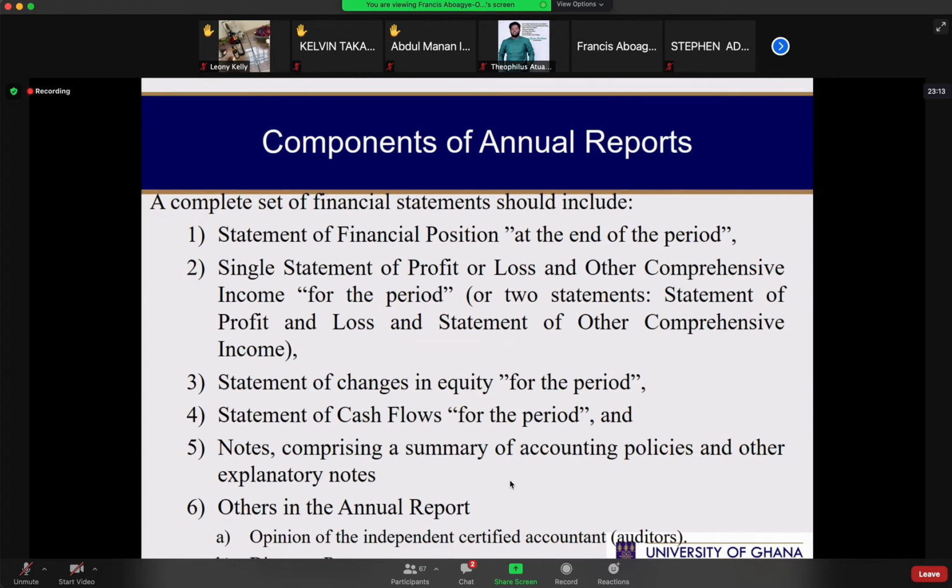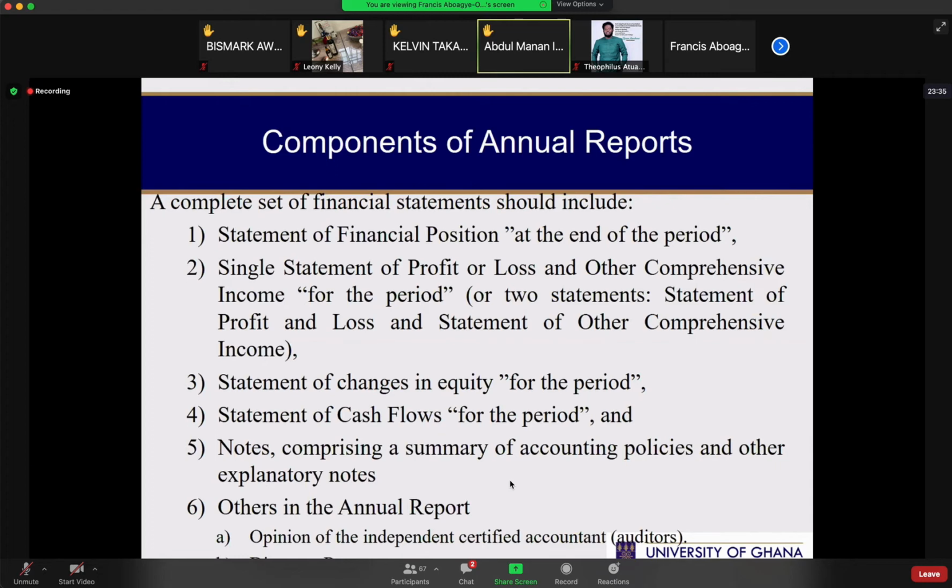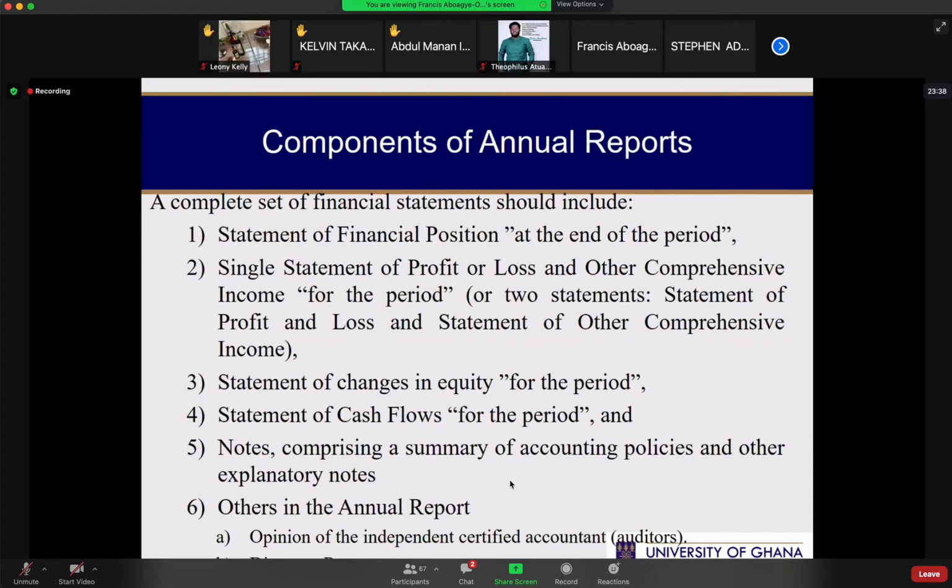I can only see the first bit of the first word from of financial statement should include. That's what you can see. Yes, please. What about the other people in the class? I can see. He can see everything. From 1 to 6, A and B. Okay. So then it's not coming from me. Okay, sir. So you have to adjust your screen to be able to view.